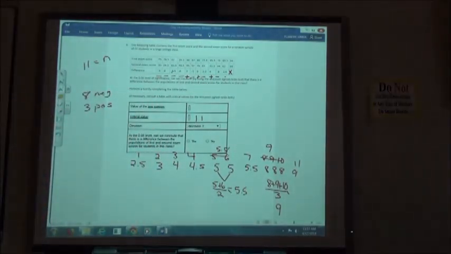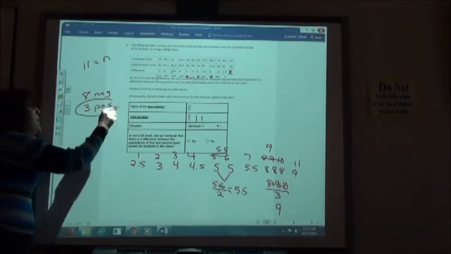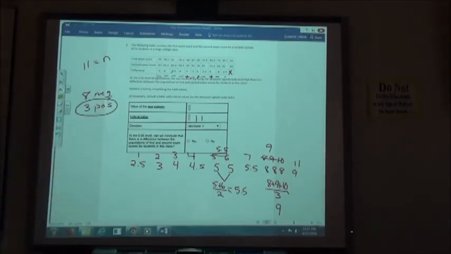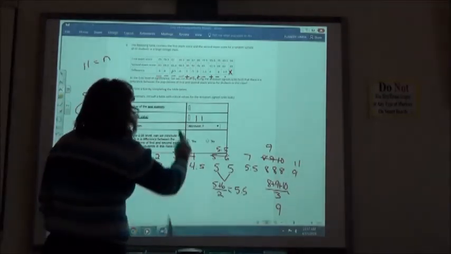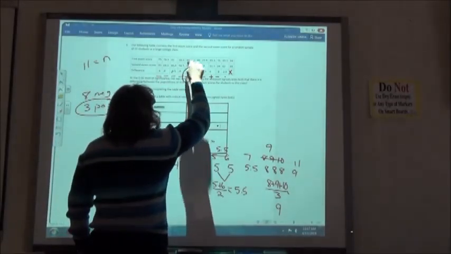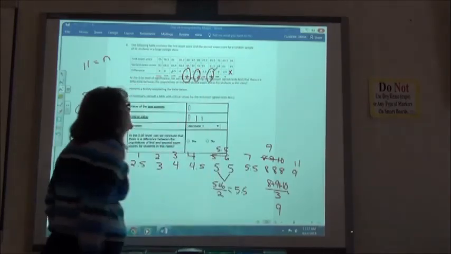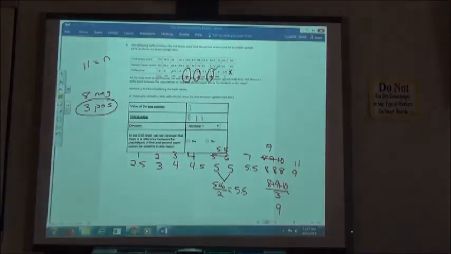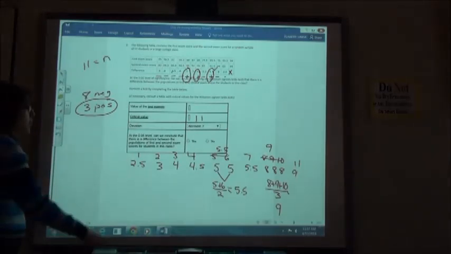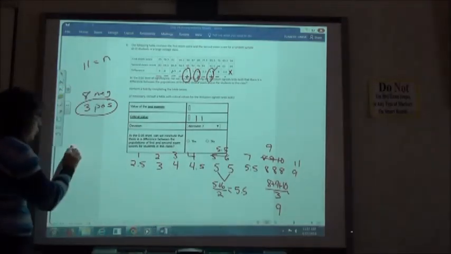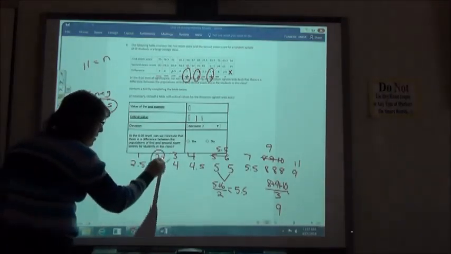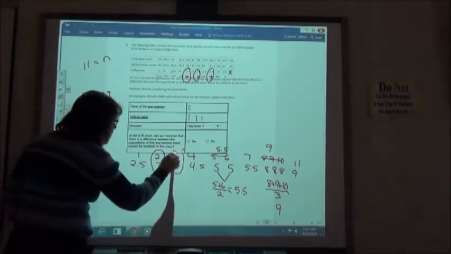So now we are checking. The lower number between our positives and our negatives was 3. So I'm going to use the 3 positive numbers from my list. The 3 was positive, the 9 was positive, and the 4 was positive. I'm going to use the ranks of each of those numbers. So 3 had a rank of 2. 4 had a rank of 3.